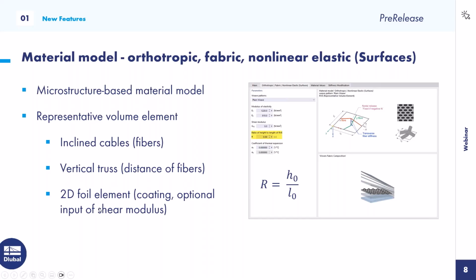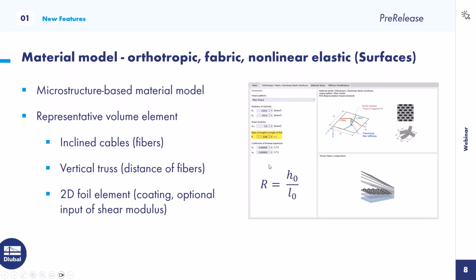And if you also want to apply a 2D foil element as a coating, you will have the option to enter a shear modulus, like you can maybe see in the sketch. The sketches will be improved, of course, but it should be possible to introduce you to the model system. So all you need to enter, of course, as always, if you have some material properties for the orthotropic material, you will need to enter them.